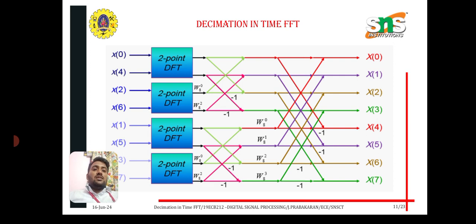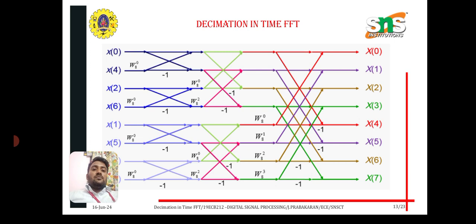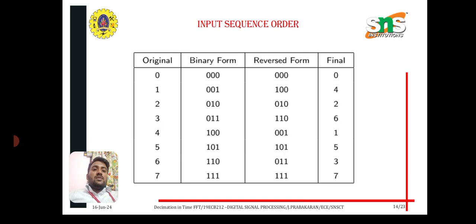This is the bit reversal order. The original input sequence is x of 0, x of 1, x of 2, x of 3, x of 4, x of 5, x of 6, x of 7. Here you can see the binary form for 0, 1, 2, 3, up to 7.